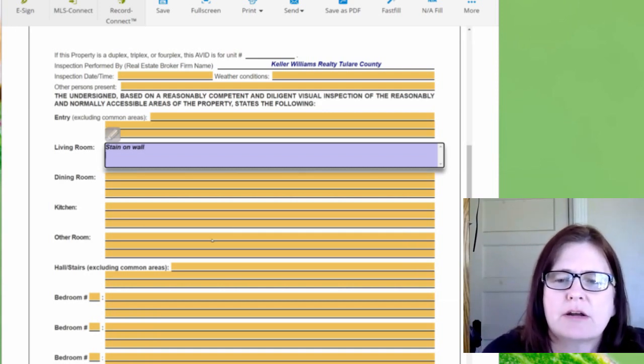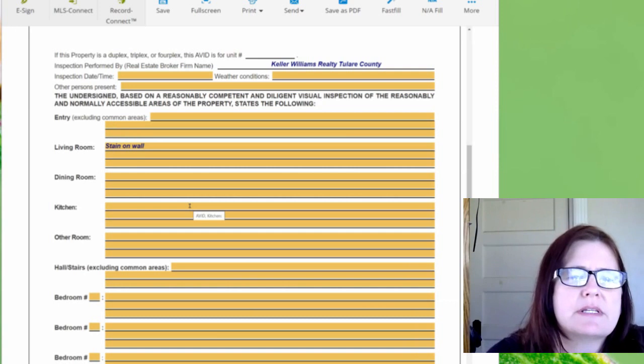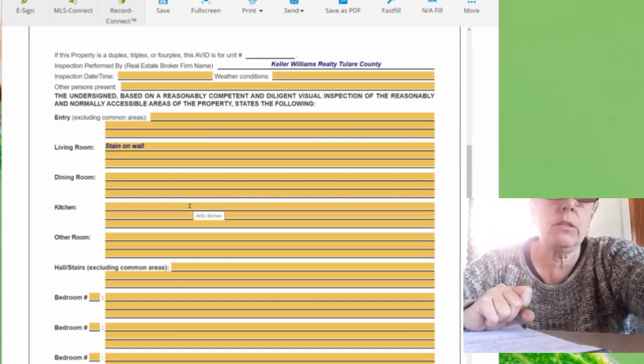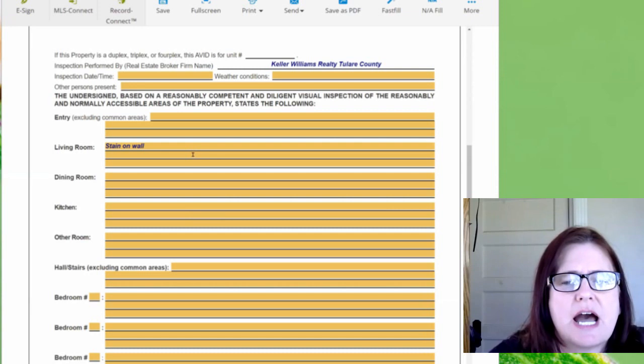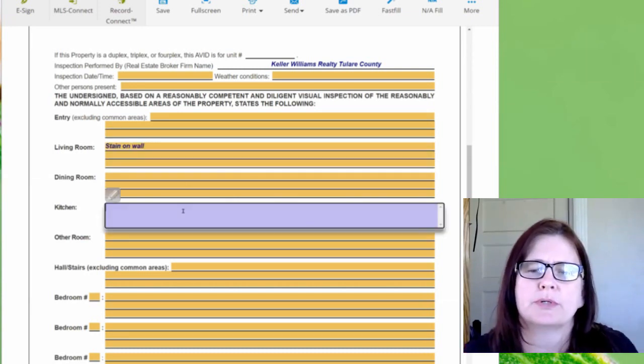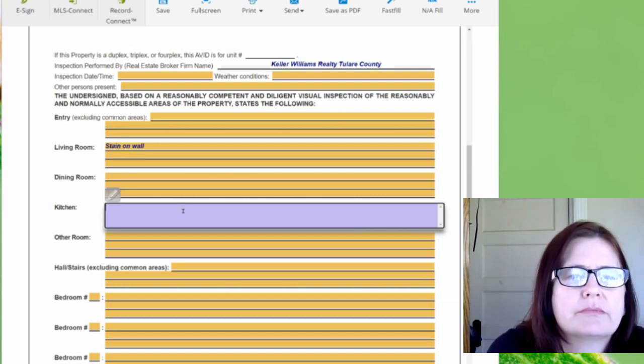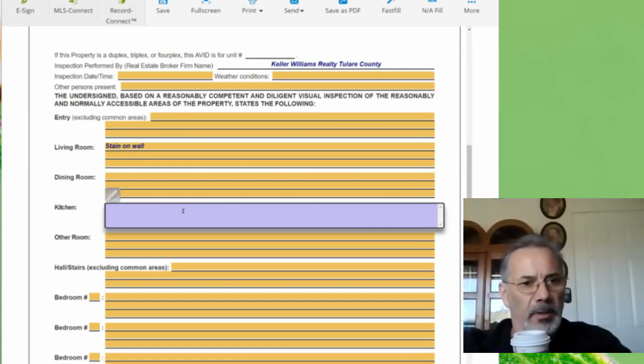Do you guys agree or disagree? Would you write something different? Would you describe the color and size, or would you just leave it? So we're going to leave it. What's the reason we don't want to put large stain on wall? The concept of large is not the same as your concept of large.